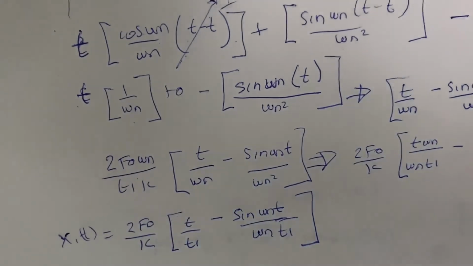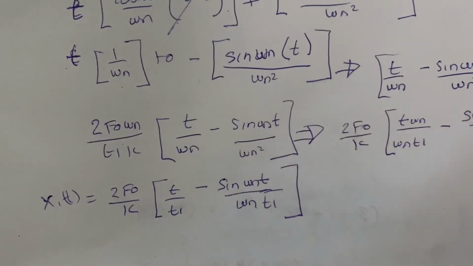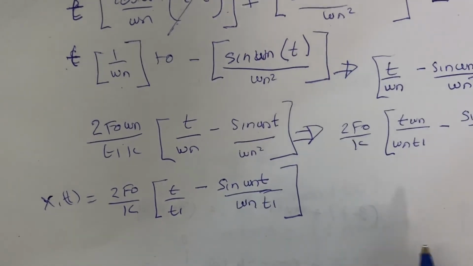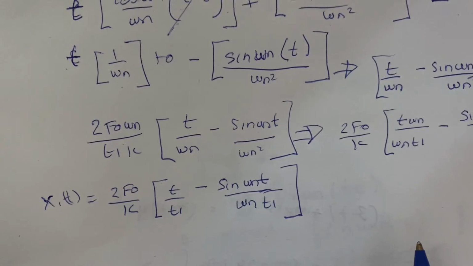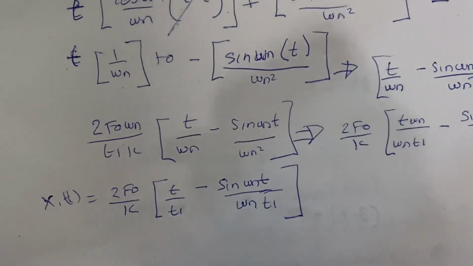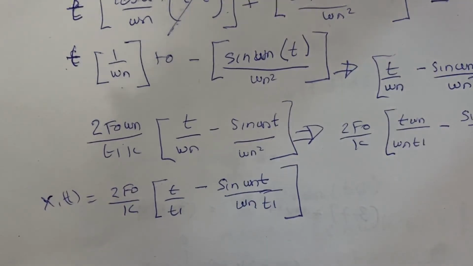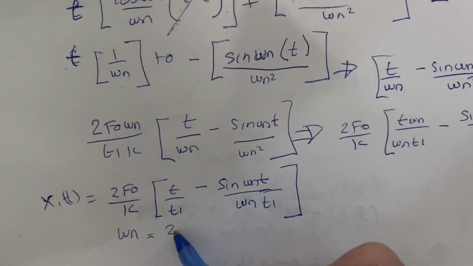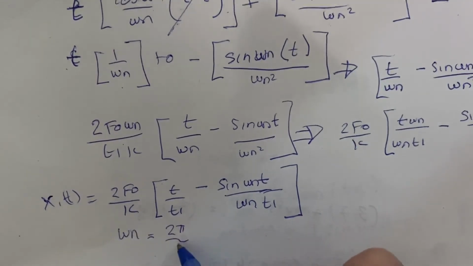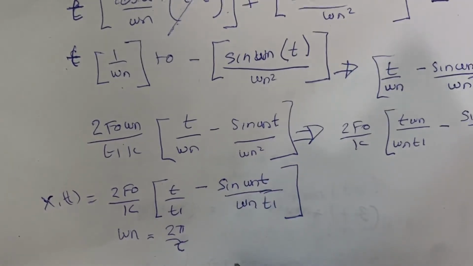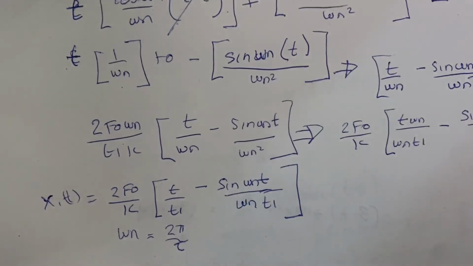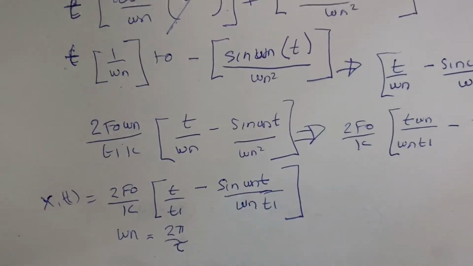So now, let's rearrange this a little bit more by recognizing that wn is equal to 2 pi over period, right? So wn is equal to 2 pi over period. So if we substitute these in here, the expression is going to become as follows.